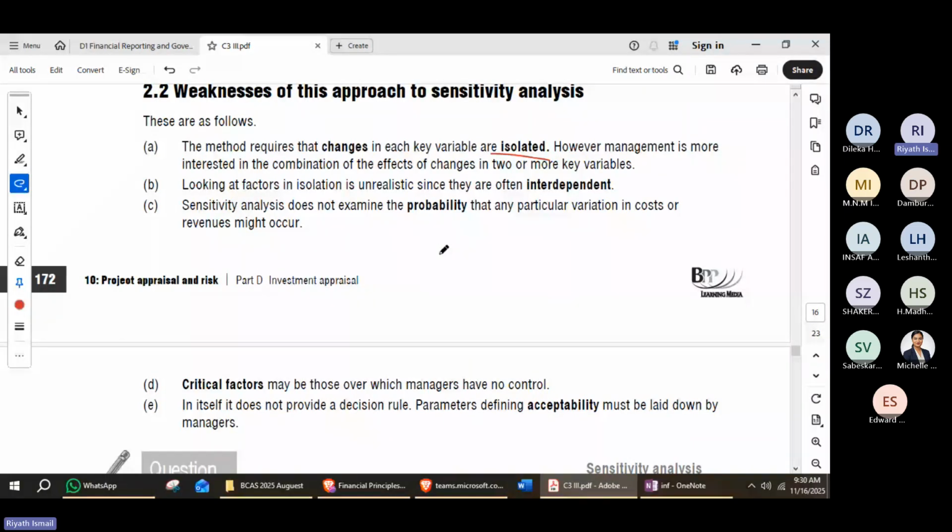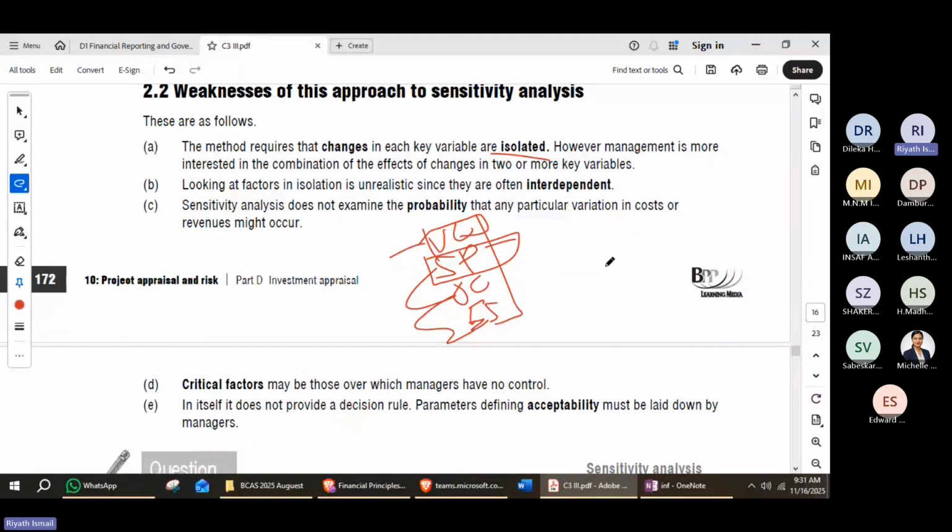In the sensitivity analysis, all other things are constant, say variable cost, selling price, operational cost, and employee salary. Only one variable, like selling price, varies at a time. When variable cost changes, others remain unchanged. So this is the assumption we made.